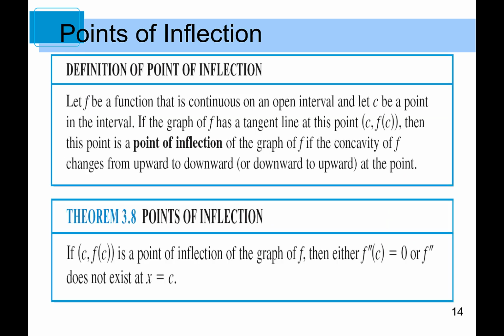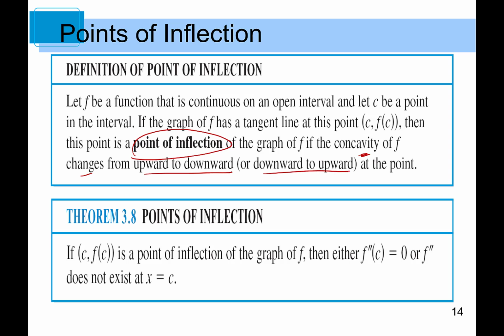Let's take a look at the definition of a point of inflection. Let f be a function that is continuous on an open interval, and let c be a point in the interval. If the graph of f has a tangent line at this point, (c, f(c)), then this point is a point of inflection of the graph of f if the concavity of f changes from upward to downward or downward to upward at the point.